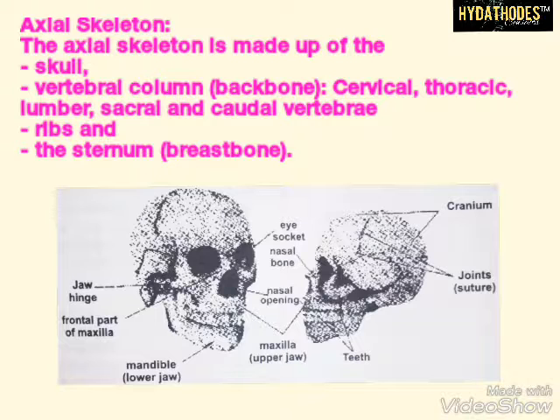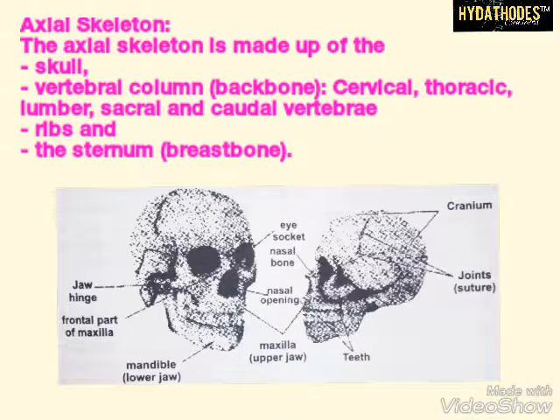The vertebral column, also known as the backbone or spinal column, is the central supporting structure of the skeleton. In mammals, the 5 different vertebrae are: number 1, cervical vertebrae; 2, thoracic vertebrae; 3, lumbar vertebrae; 4, sacral vertebrae; 5, caudal vertebrae.